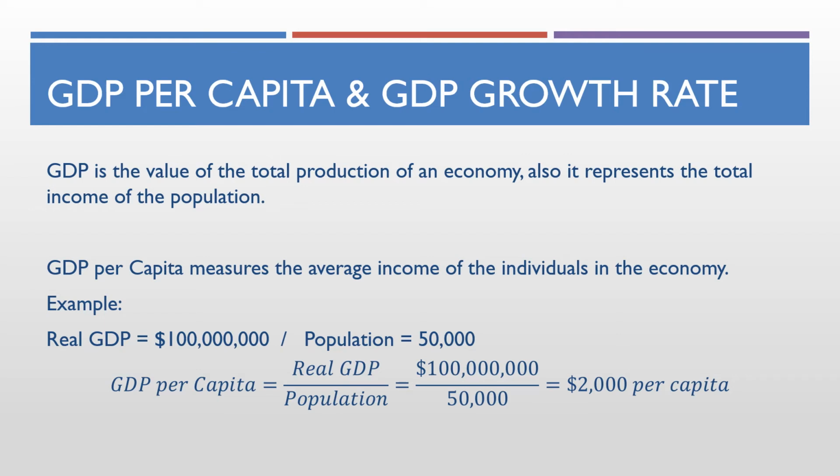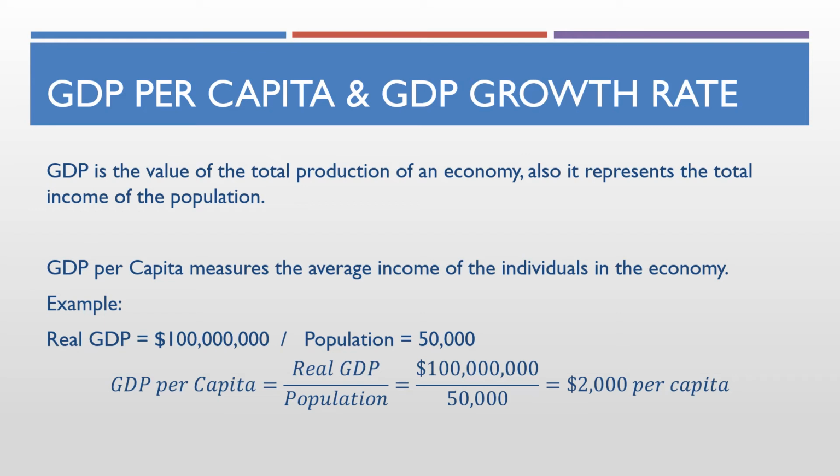However, the GDP per capita measure gives you a much more in-depth understanding of how wealth relates to the size of the population. So GDP per capita gives you the measure of the average income of individuals in the economy.